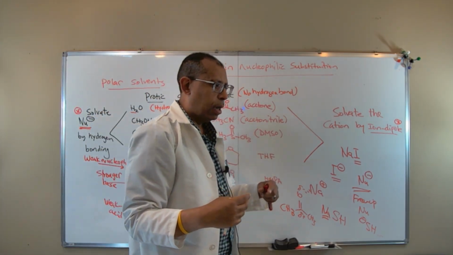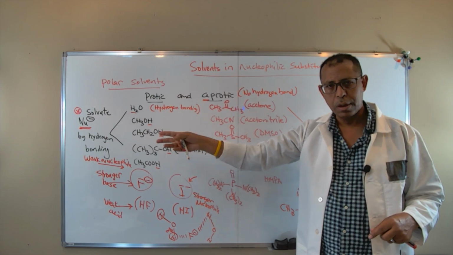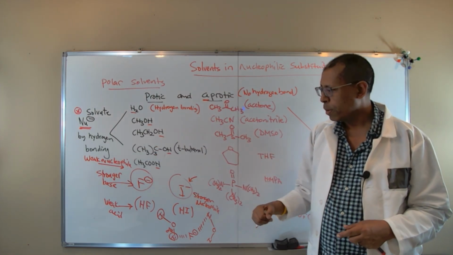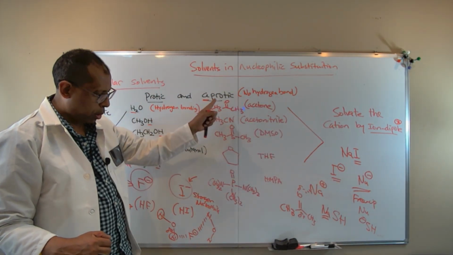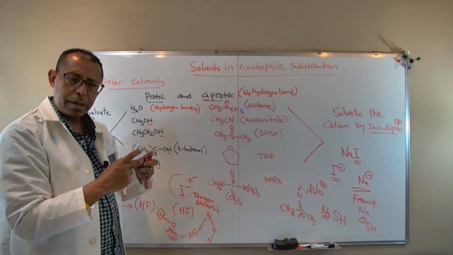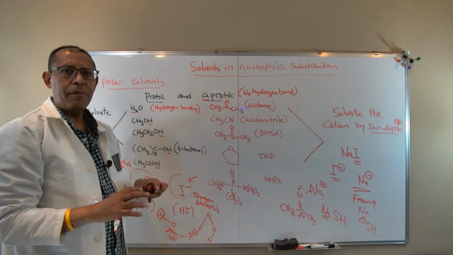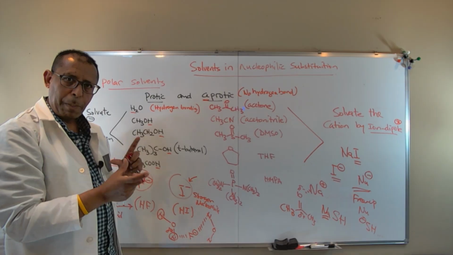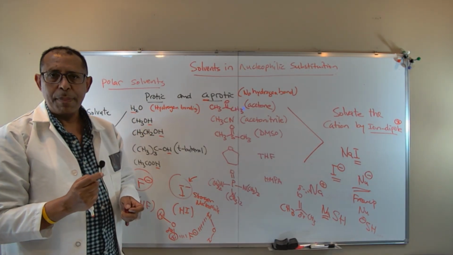Protic solvents are solvents that make hydrogen bonding possible with a nucleophile, hence they diminish the nucleophilicity. And the aprotic ones are polar solvents, but they trap the cation, the counter ion to the nucleophile, making the nucleophile easily available for the reaction. So these are the main differences in terms of protic and aprotic solvents.